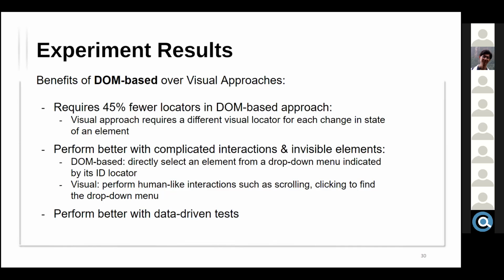So even if it's not visible, it can still find the element. DOM-based also performs better with data-driven tests because it's easier to automate different sets of data, compared to the visual approach where you have to take a screenshot of everything.